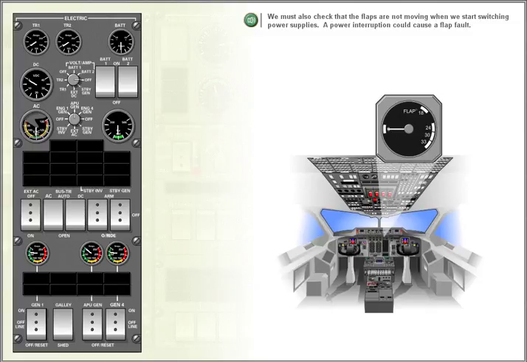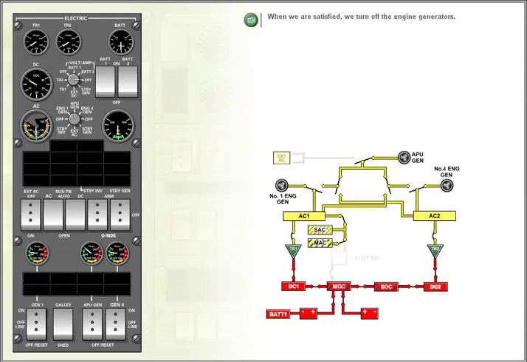We must also check that the flaps are not moving when we start switching power supplies. A power interruption could cause a flap fault. When we are satisfied, we turn off the engine generators. Switch the number 1 generator to off reset.